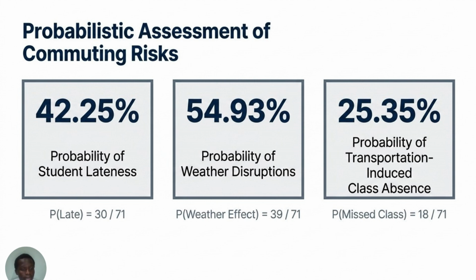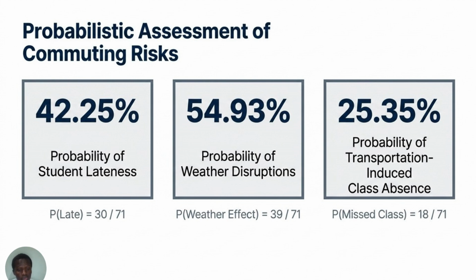This is the probability of student lateness: 42.25% are late. And there is also the change of weather, which affects students coming to class and their productivity in class, almost 54.93%.